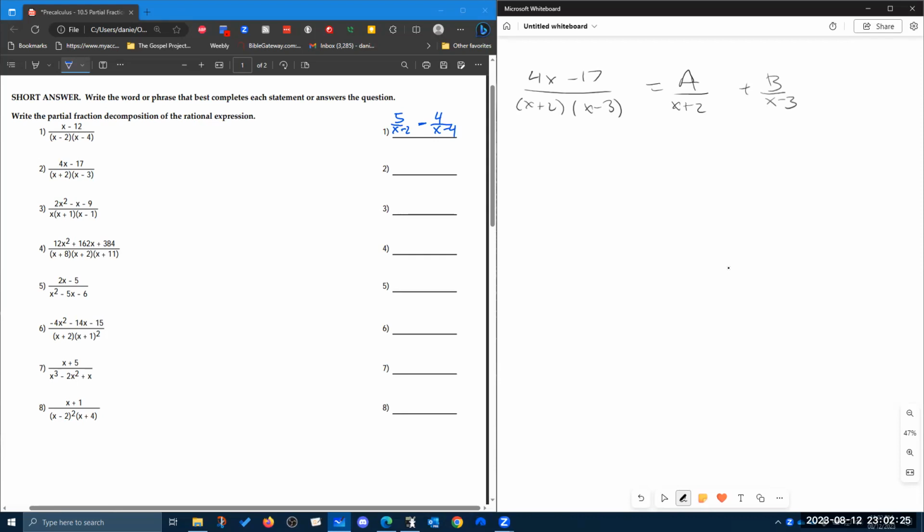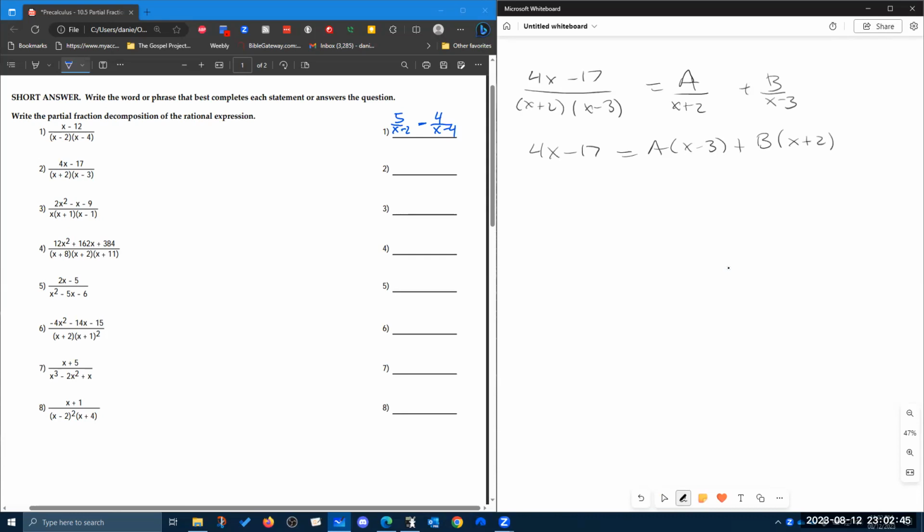If I want to multiply through by this common denominator, the equation that I get is 4x minus 17 is equal to a times x minus 3 plus b times x plus 2. And I'm going to show you a different technique, since this is distinct linear factors and lots of teachers are going to do this.